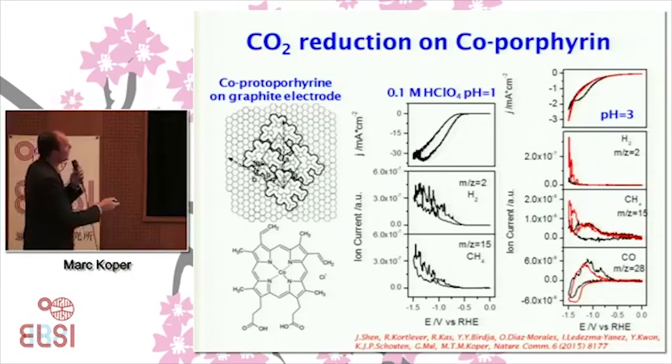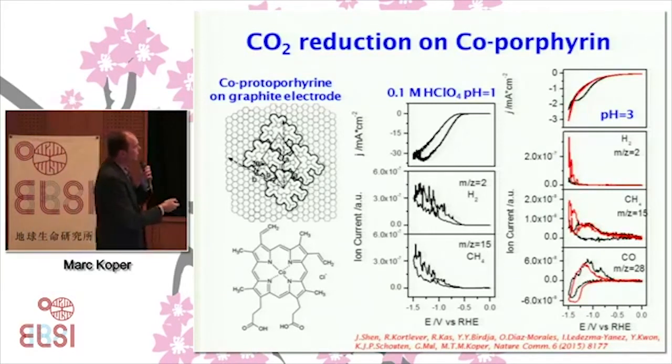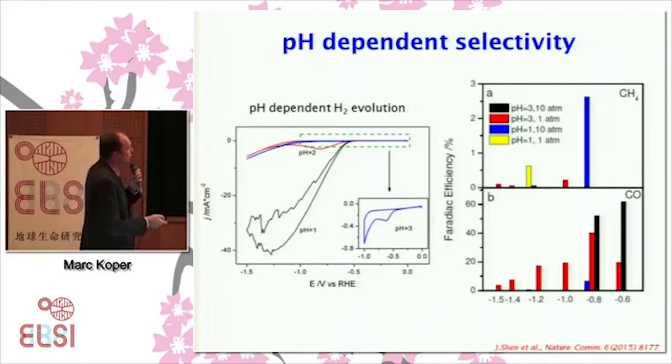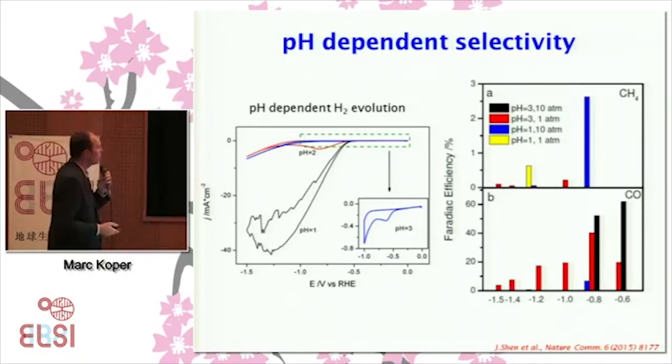If we shift from pH 1 to pH 3, we see that we shift the formation of hydrogen to more negative potentials, but the reduction of CO2 still takes place at the same potential. And we generate methane, and now we can also see the formation of CO in our mass spectrometer. And now we find that the formation of CO at pH 3 can reach selectivities of up to 60%, and that of hydrogen is much lower.